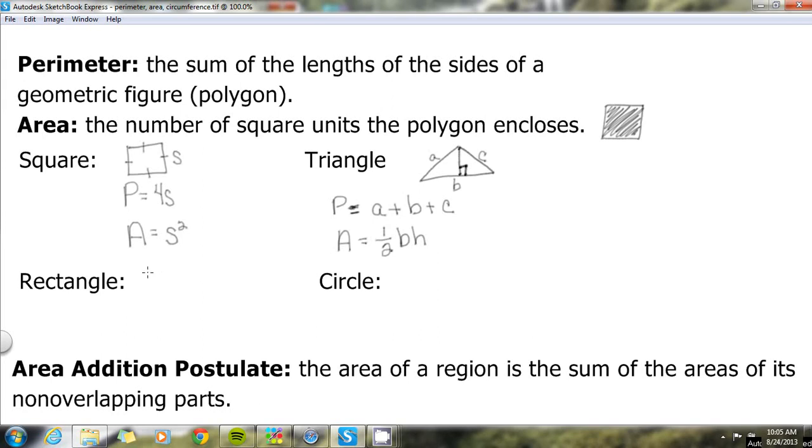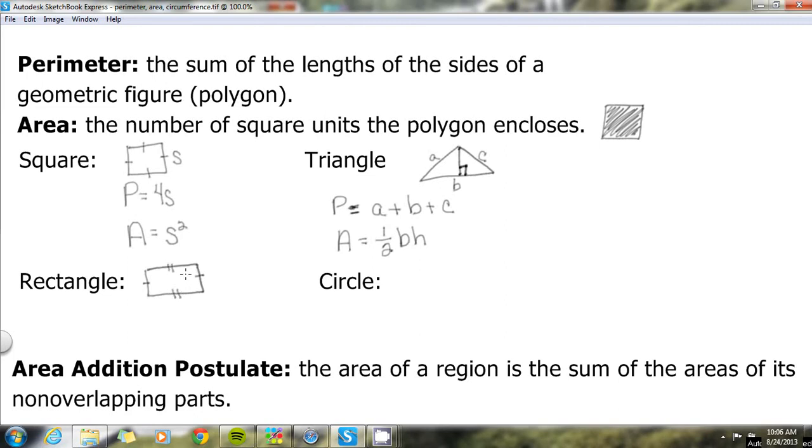A rectangle is different from a square in the fact that instead of 4 congruent sides, we have 2 pairs of opposite sides that are congruent. These 2 sides are congruent, and these 2 sides are congruent.